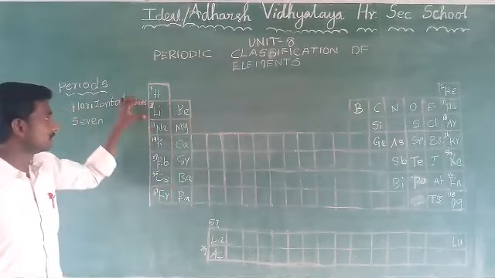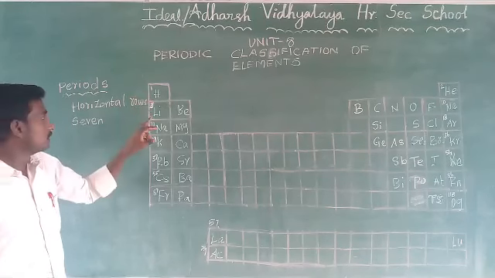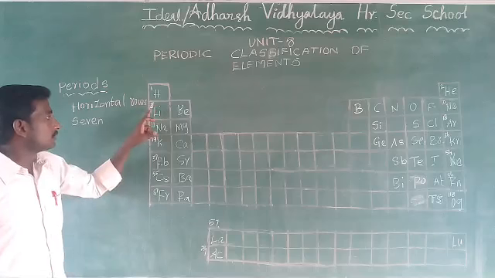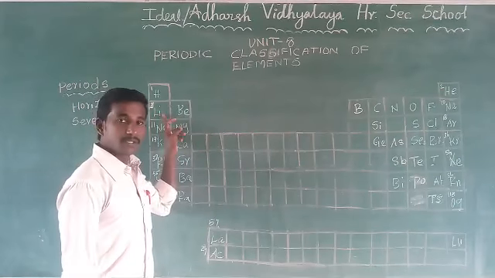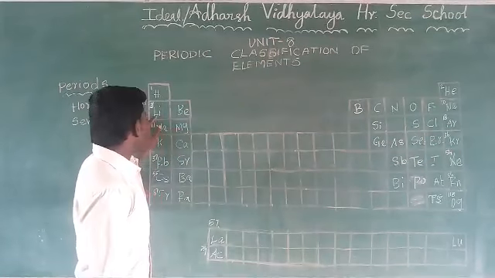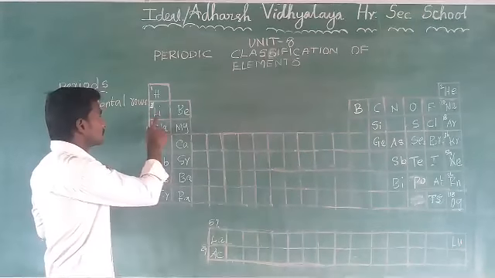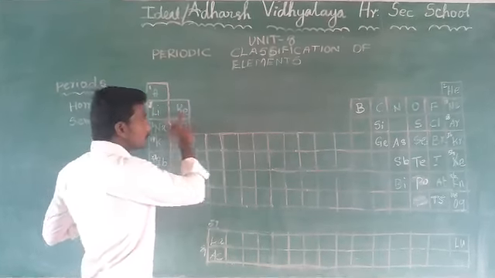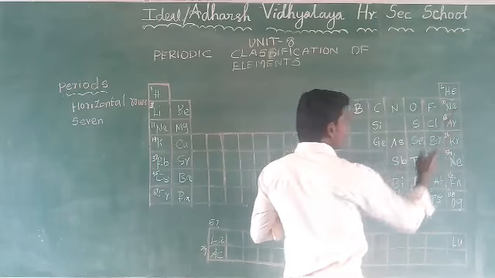Okay. And the next, the second period. The atomic number is from 3 to 10. Here it contains 8 elements: 1, 2, 3, 4, 5, 6, 7, 8.